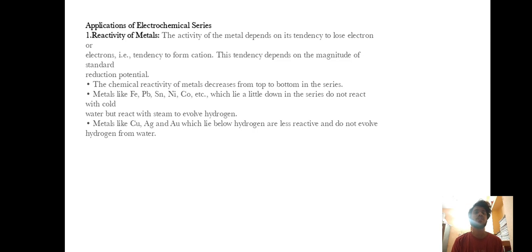Second point, metals like Fe, Pb, Sn, Ni, Co, etc., which lie a little down in the series, do not react with cold water but react with steam to evolve hydrogen. Metals like Cu, Ag, and Au, which lie below hydrogen, are less reactive and do not evolve hydrogen from water.